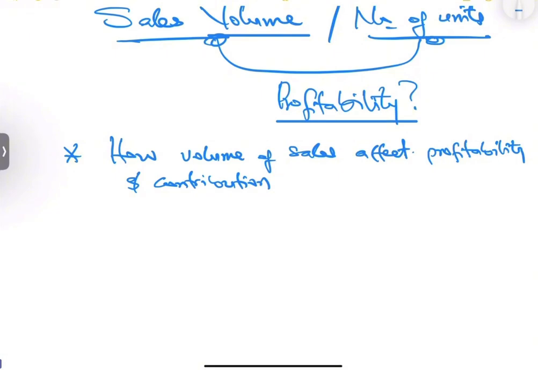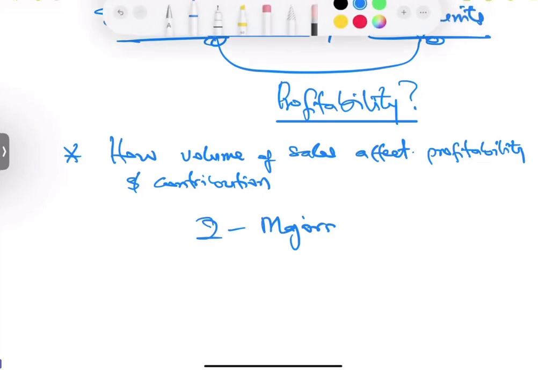Yeah, and there are two major questions that will be coming to our mind. So all the calculations that we're going to be doing will be tailored towards trying to answer these two questions.